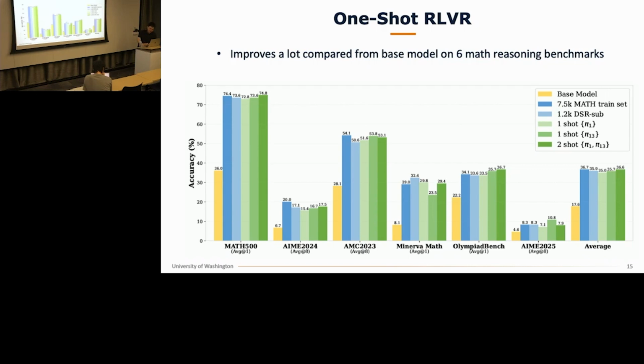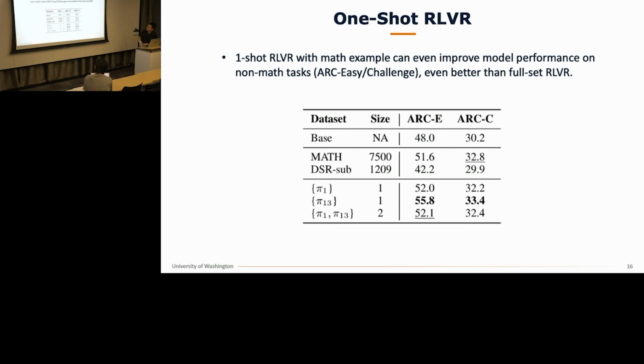Here's another example on a non-math data set I talked about earlier. The first line is the base model without reinforcement learning on these two data sets, ARC-E and ARC-C, at 48% and 30.2%. And then these two lines are further using reinforcement learning to train with these two data sets. Even if you only train on a math data set, you can still improve the reasoning capability on other kinds of reasoning tasks as well.